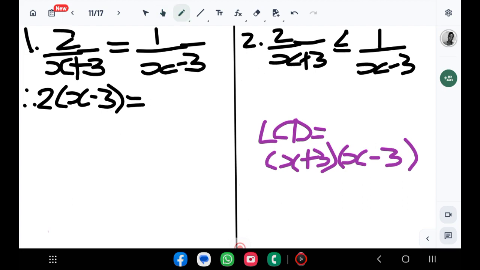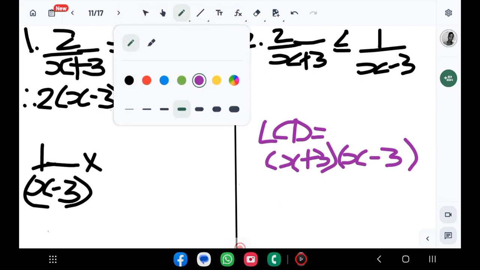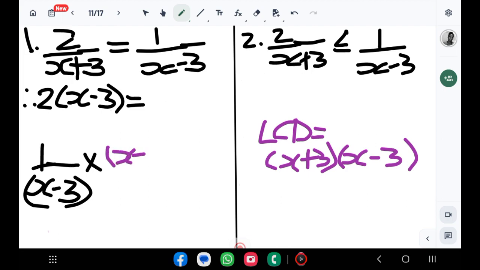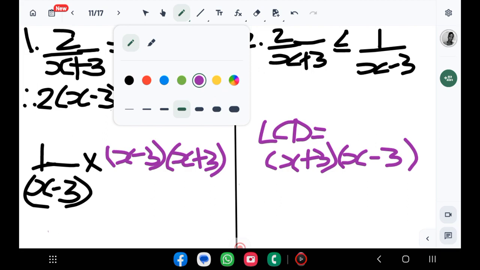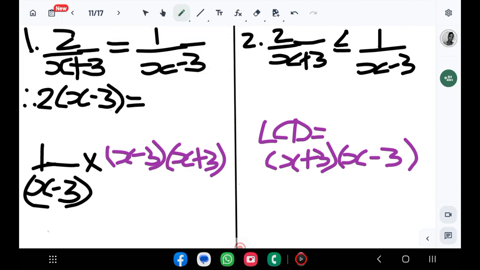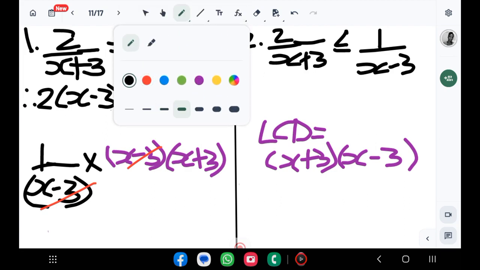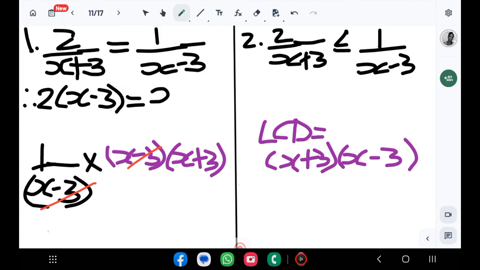So we go 1 over x minus 3 multiplied by the LCD x minus 3 times x plus 3. X minus 3 cancels with x minus 3, and you're left with 1 times x plus 3. So on the right hand side, you're left with x plus 3.